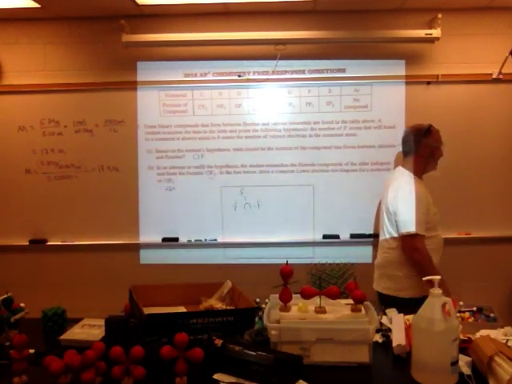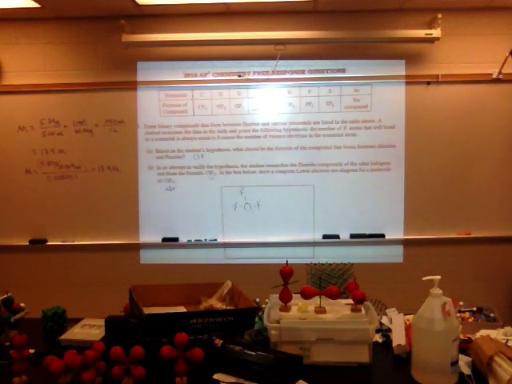Now, the next question says, two possible geometric shapes for ClF3 are trigonal planar and T-shaped. The student does some research and learns that the molecule has a dipole moment. What does that mean? A molecule has a dipole moment. It's polar. What does that mean about its shape? It's asymmetrical, not symmetrical.